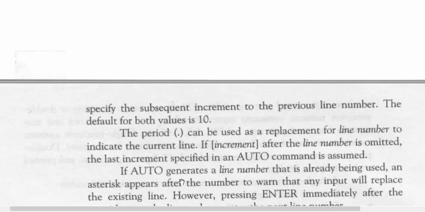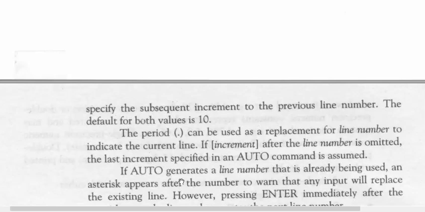If you have already used the line number that the AUTO command is going to generate, it will show an asterisk to warn you that this line will replace the existing line. It means if you have used line number 5 before the AUTO command, outside the AUTO command, and the AUTO command is going to generate number 5 again, it will first show you an asterisk and tell you that the line number 5 you used before the AUTO command will be replaced by this number 5.